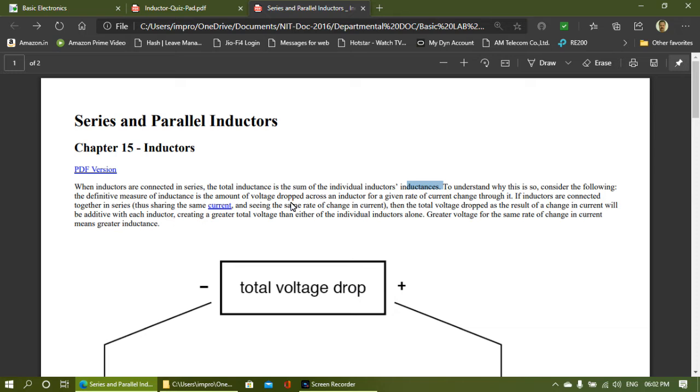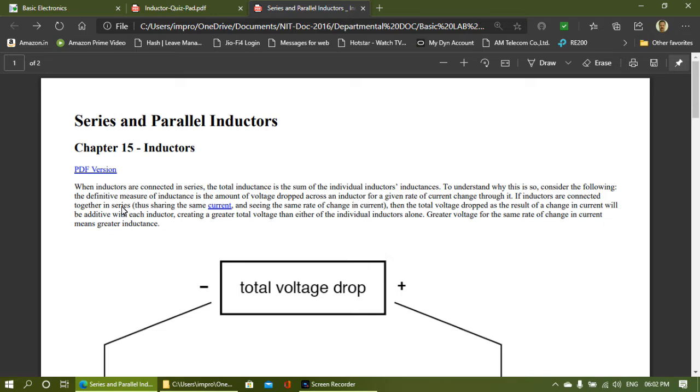I have already told you that inductors are almost similar to series resistance, but an inductor has a very typical application and reactance in AC circuits.